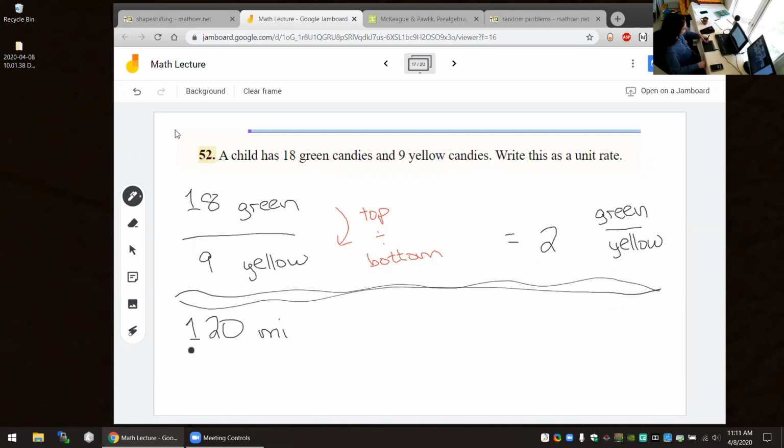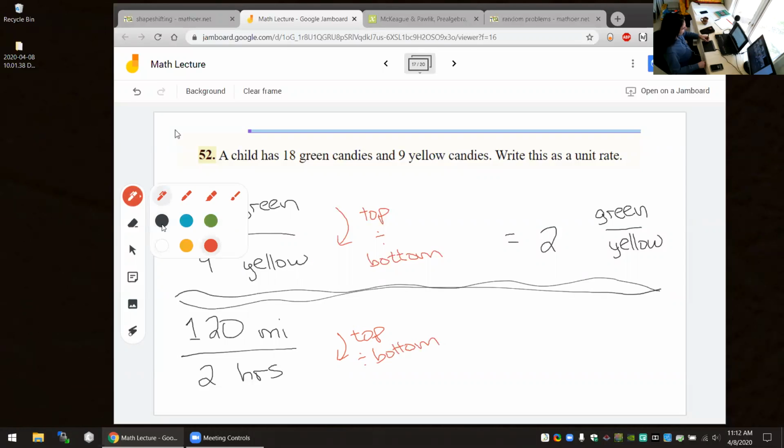If I'm driving 120 miles and it takes me 2 hours, again, top divided by bottom, just like any fraction to decimal. I'll get to, oops, not 2, I've got 60. Miles per hour.